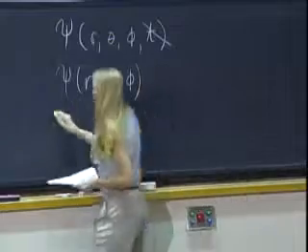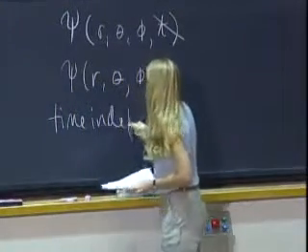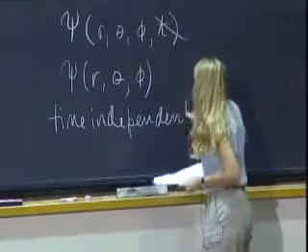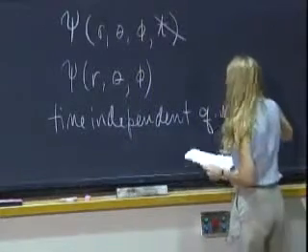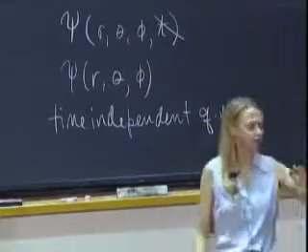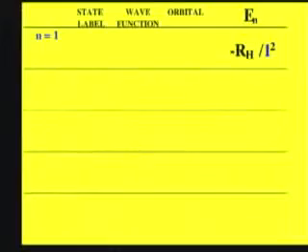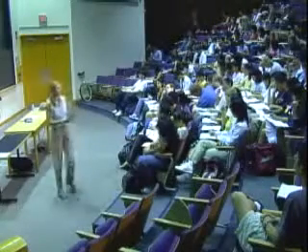And we're looking at what's called time-independent quantum mechanics. Later on, in a graduate course in chemistry, that's when you look at time-dependent wave functions. All right? So we're going to look at time-independent quantum mechanics, the stationary wave.